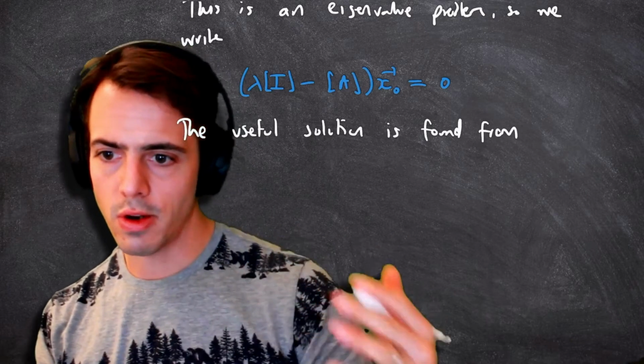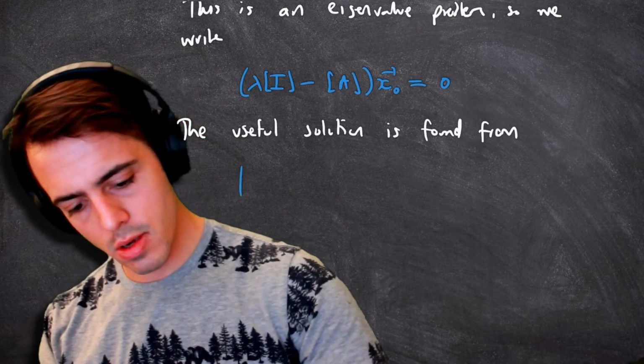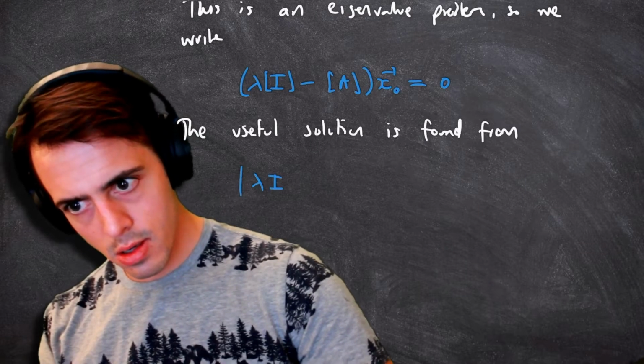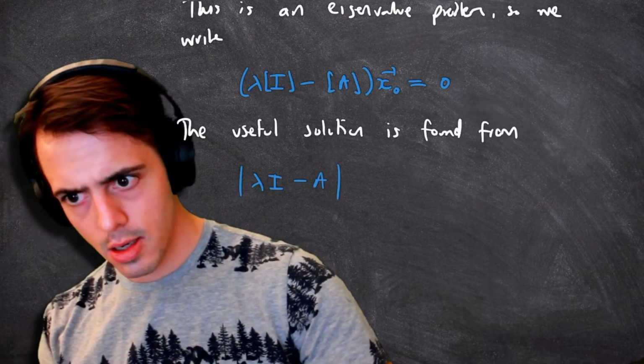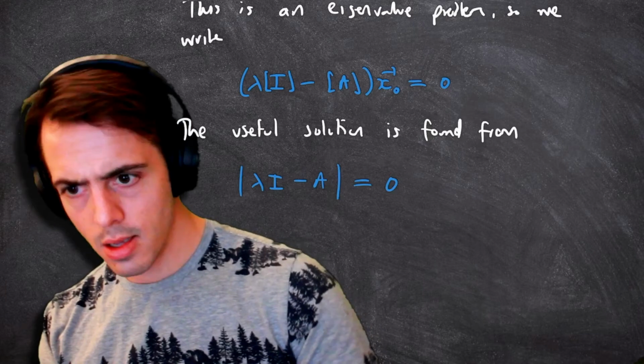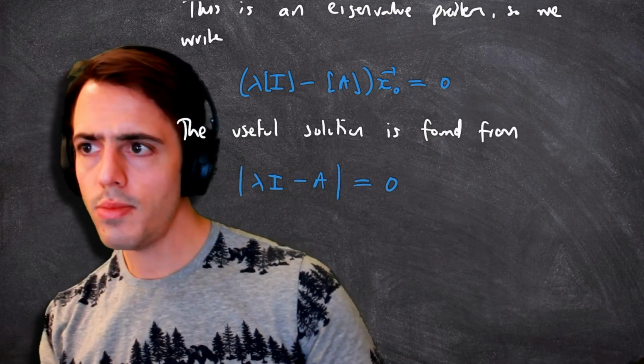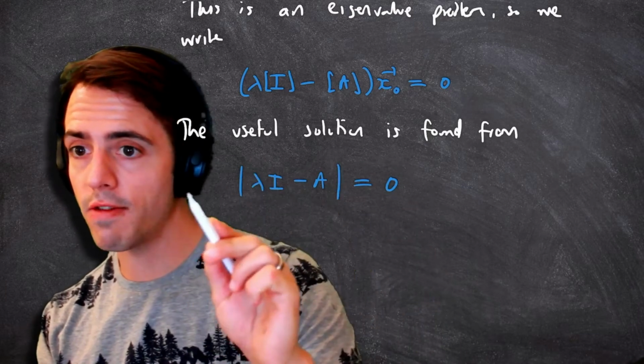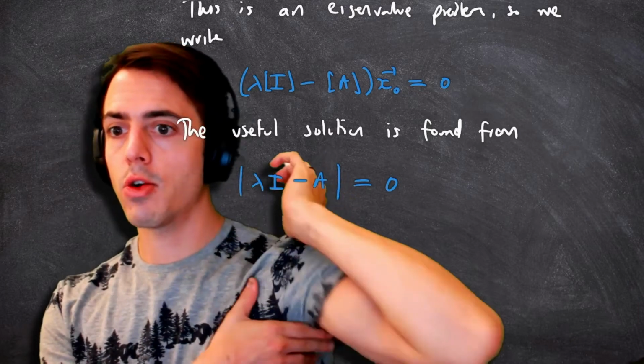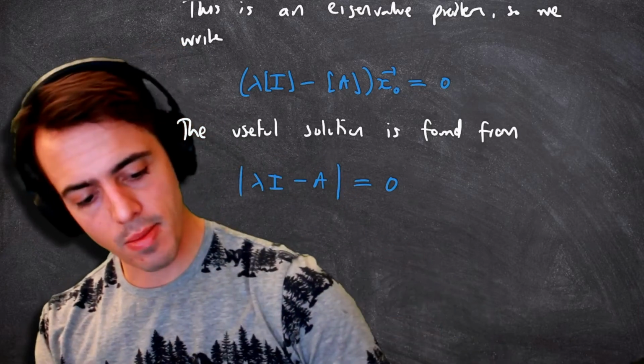So the useful solution is going to be found from lambda I minus A is equal to 0. What we're going to get out of here will give us the characteristic equation of a multi-degree of freedom system.